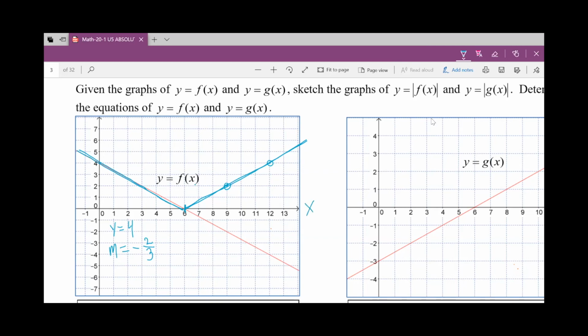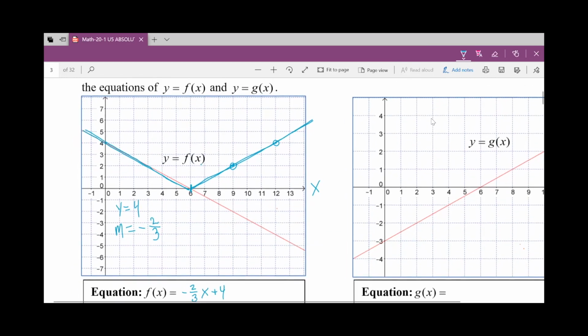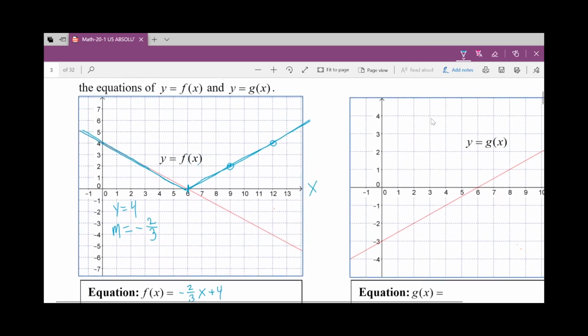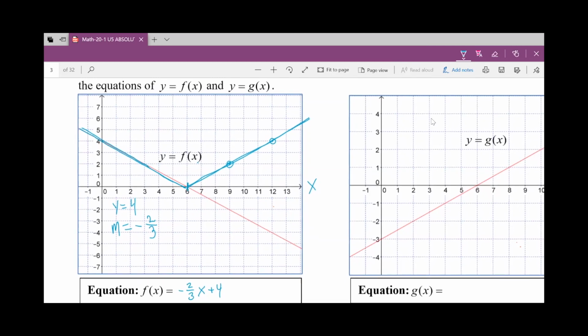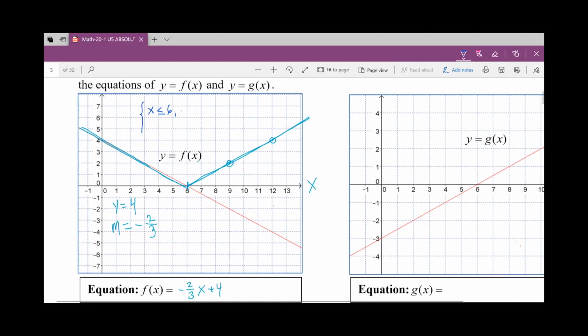Now we probably want to state the piecewise functions as well, because in the original function the formula of the line is set. That's the original red. But when we're dealing with piecewise functions, there are two parts. There's the part of the line where x is less than or equal to 6, and for that part of the graph, the equation of the line is negative 2/3 x plus 4.